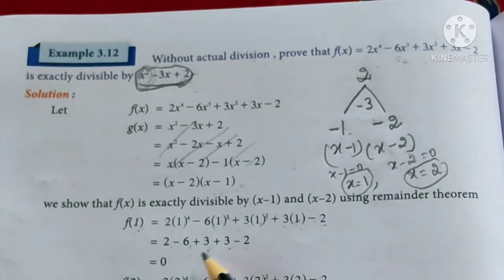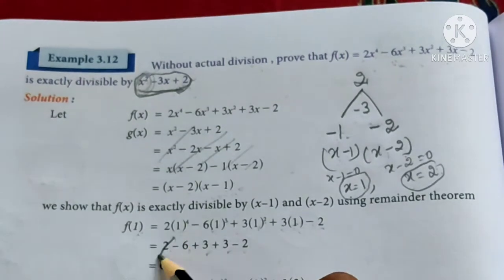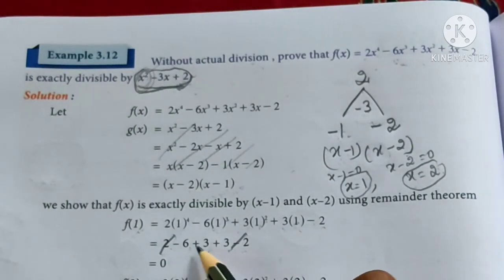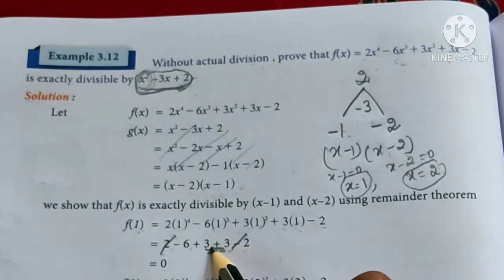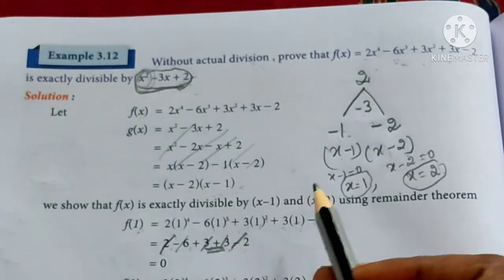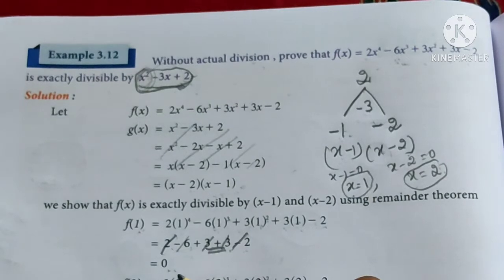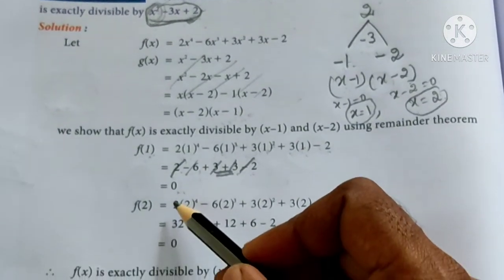Then simplify this term. 2 minus 2 cancelled. Then 3 plus 3 is 6. 6 minus 6, so everything cancelled. We get 0.